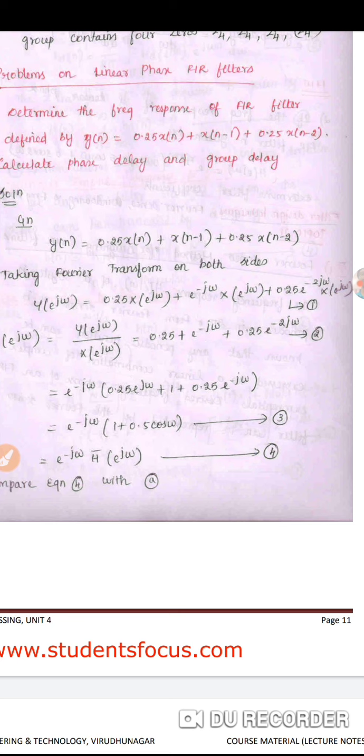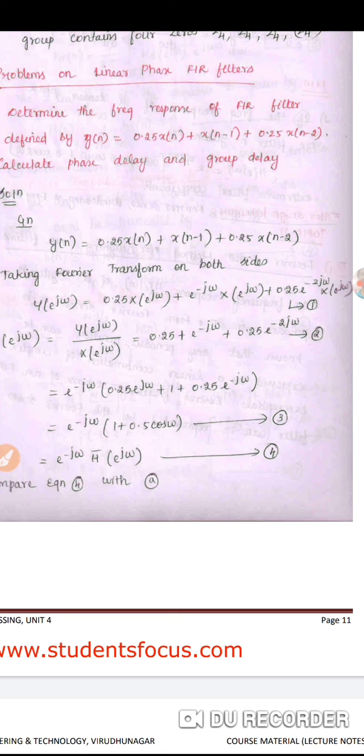We know that e power j omega plus e power minus j omega is equal to 2 cos omega. Substituting that in this equation, you will get e power minus j omega times 1 plus 0.5 cos omega.